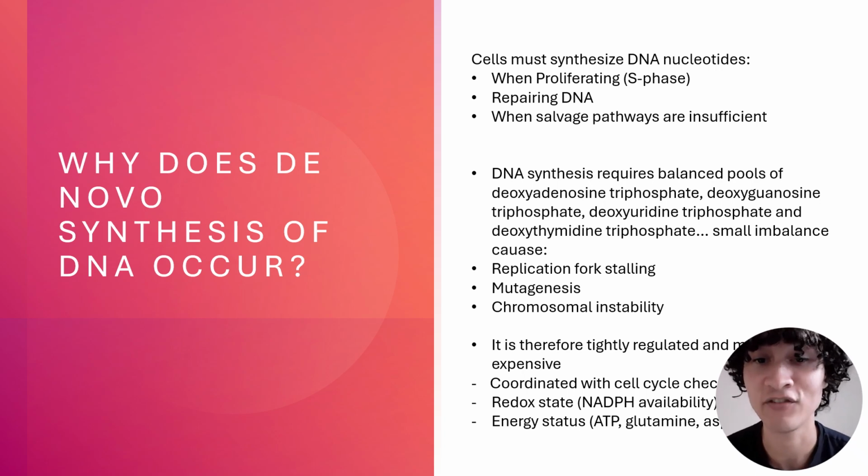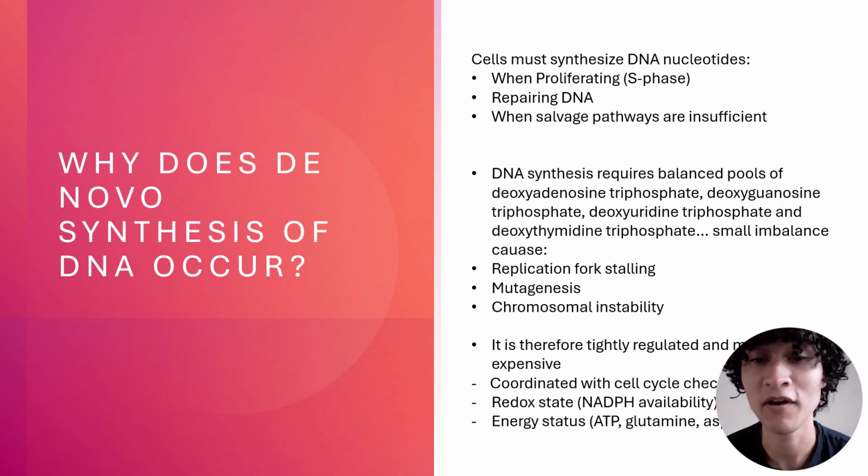So especially the S phase, or the synthesis phase of the cell cycle, when our cells are getting ready to divide before mitosis, they're going to be replicating their entire genome. So you can expect, because of those reasons, that the metabolic processes associated with the de novo synthesis of both purines and pyrimidines are going to be upregulated.